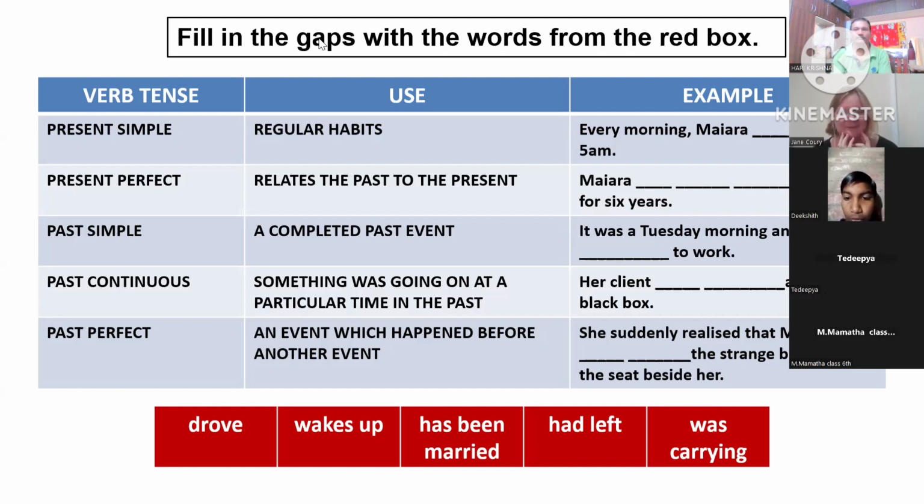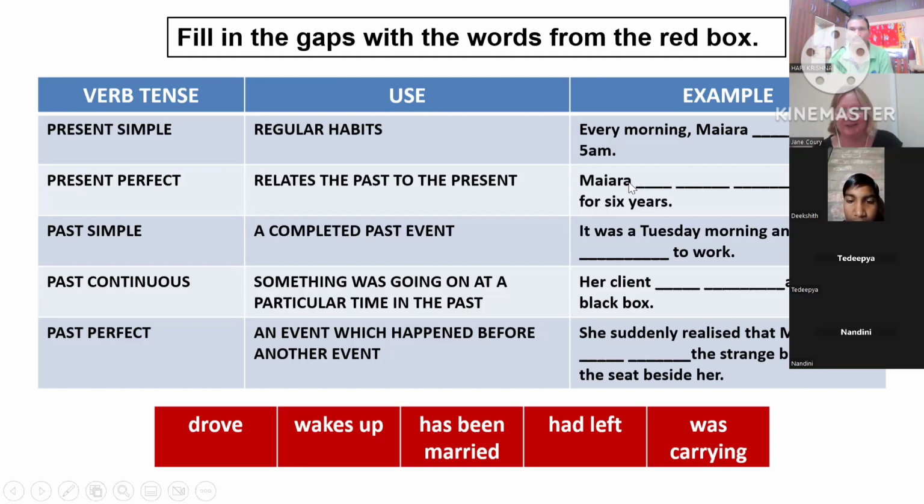Drove to work. Excellent. Past continuous. What do you think? Was carrying the strange. Very good. Excellent. Was carrying. And the last one, past perfect, which is an event that happened before. Had left.